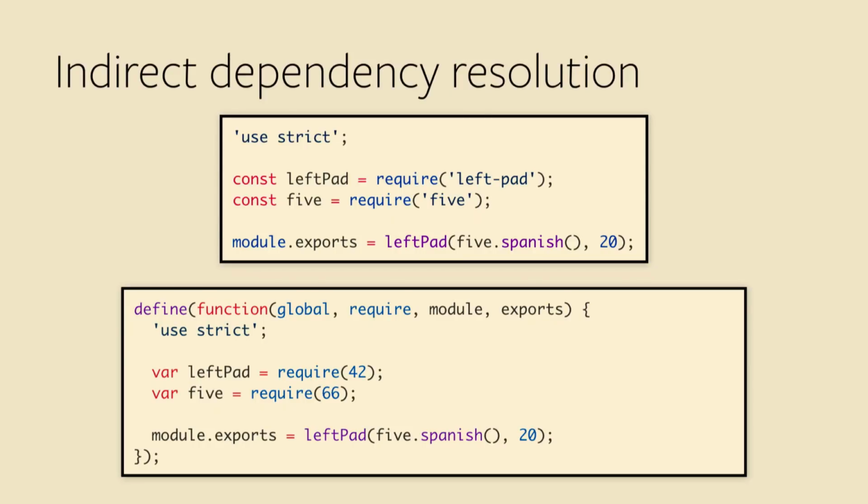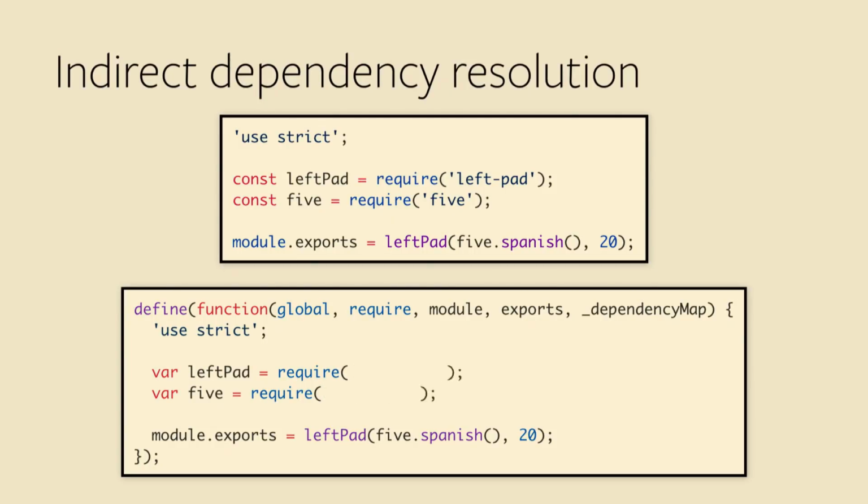Now, if you cache this, you're going to have some issues because these numbers are local to your build. So while this could work for your local cache, for the centralized cache, when someone else is going to pick that module, their build will crash because left pad could be a completely different module than number 42. So Metro does not really hard code numbers. It adds one level of indirection by using an array of numbers.